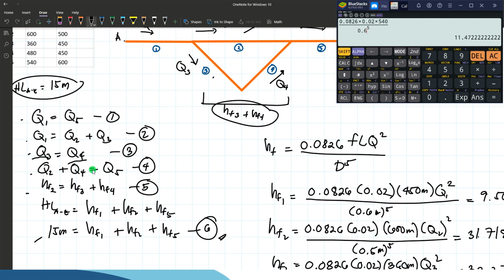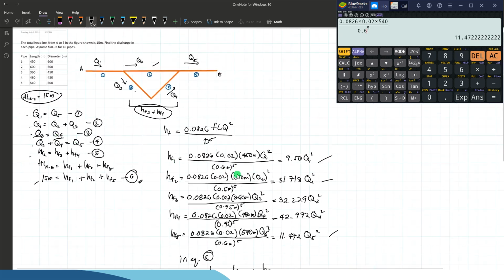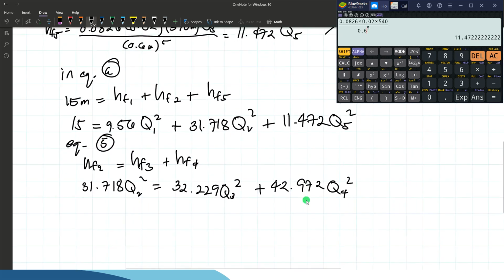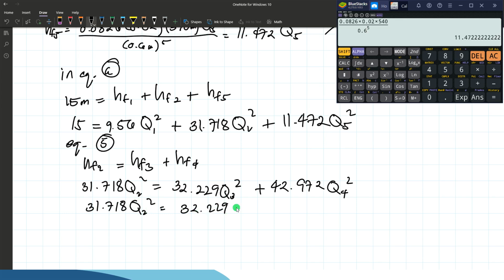Let's say q4 is equals to q3, so we substitute q4 by q3. 31.718 q2 squared is equals to 32.229 q3 squared plus 42.972 q3 squared.